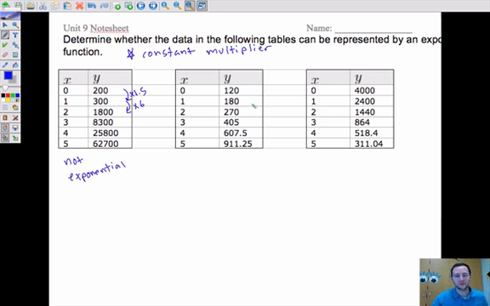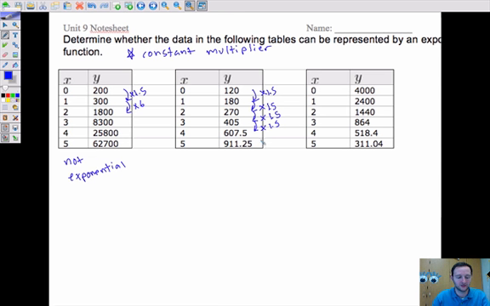On this next one, find the multiplier here. So we're going to do 180 divided by 120. And that gives us a multiplier of 1.5. Then 270 divided by 180 gives us a multiplier of 1.5. 405 divided by 270 is 1.5. 607.5 divided by 405 is 1.5.